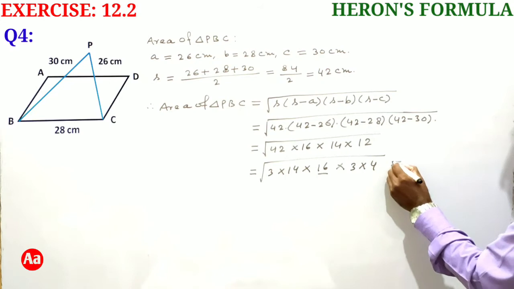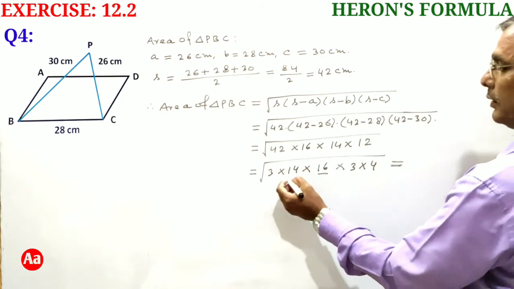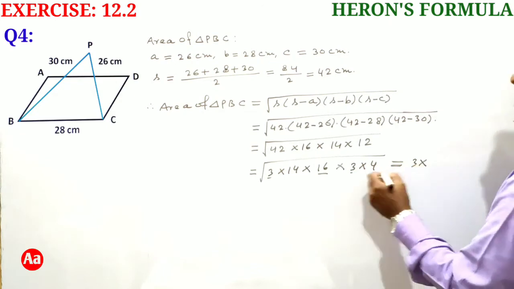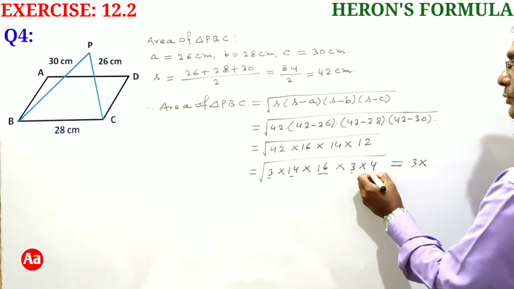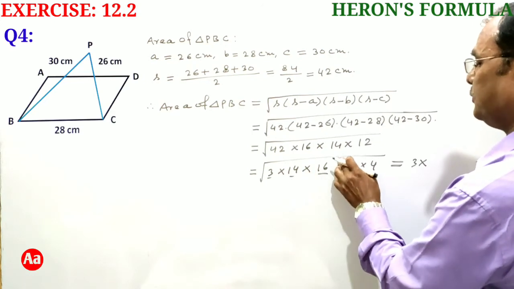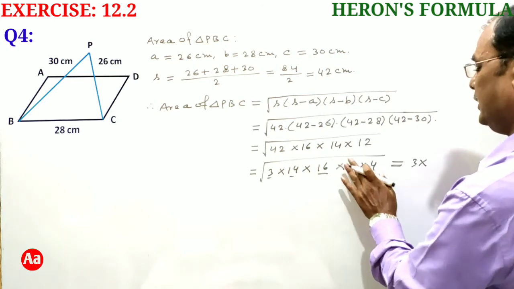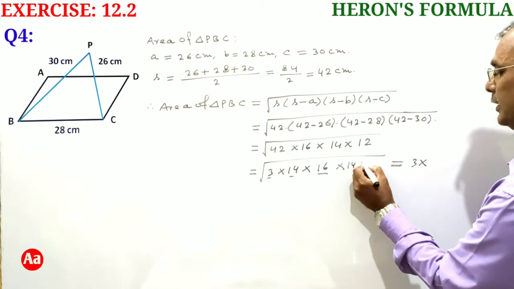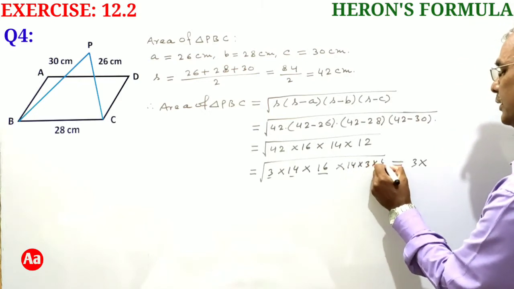This is equal to 3 into 3, square root 3, 14 into 14, this is 4, so it is 14 into 3 into 4.